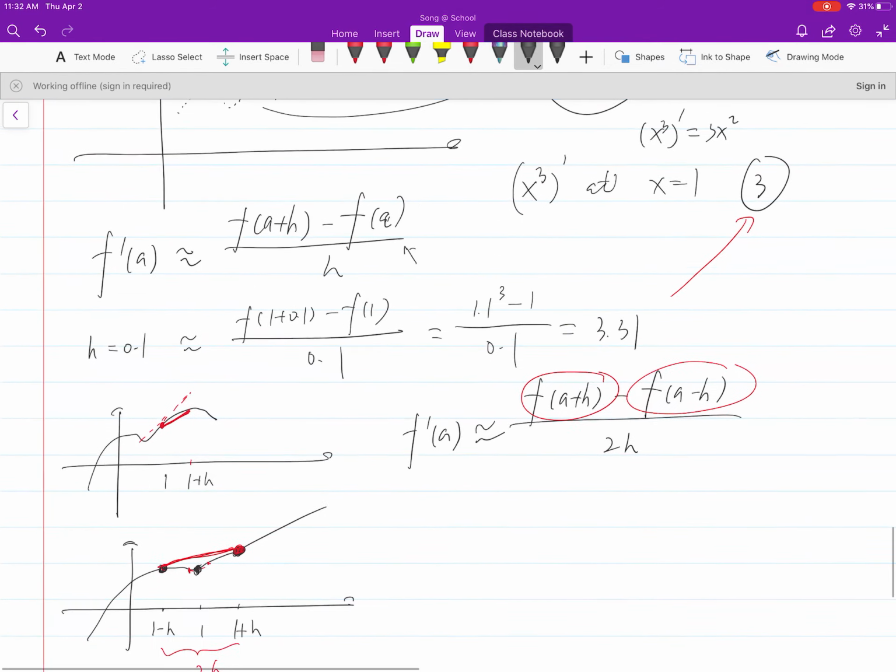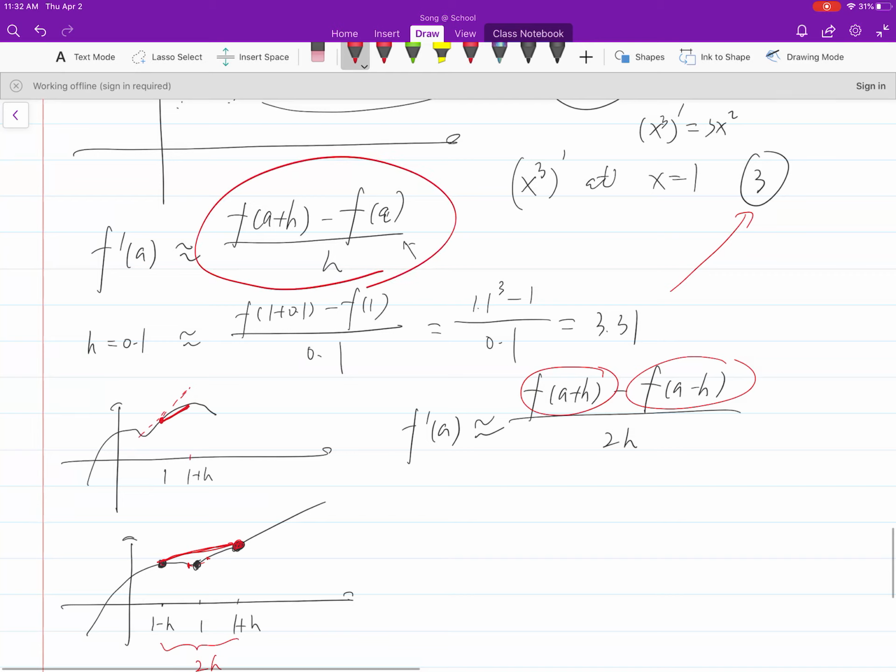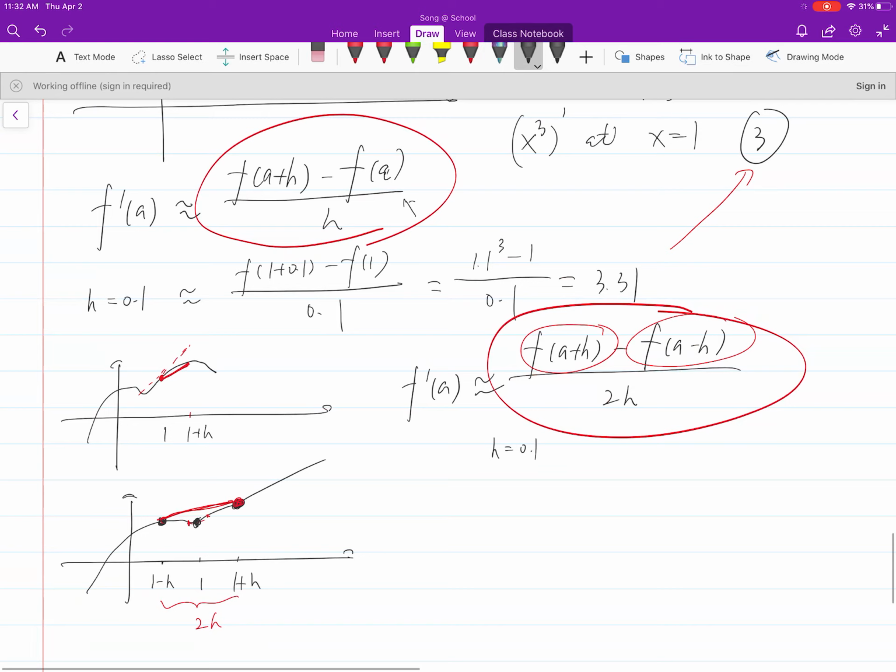But now my question becomes, which formula is better? In other words, which formula gives you a smaller error given the same h? If you do h equal to 0.1, I must also do h equal to 0.1, otherwise I'm cheating, right? So if we both take h equals 0.1, which formula will give you a more accurate result?